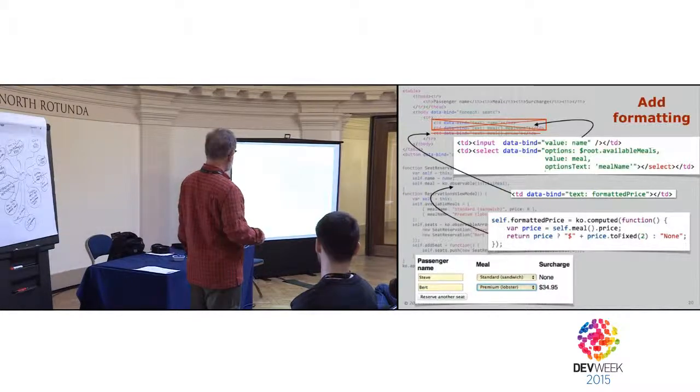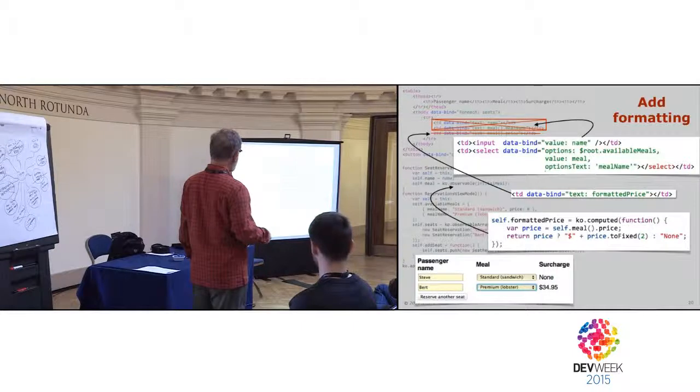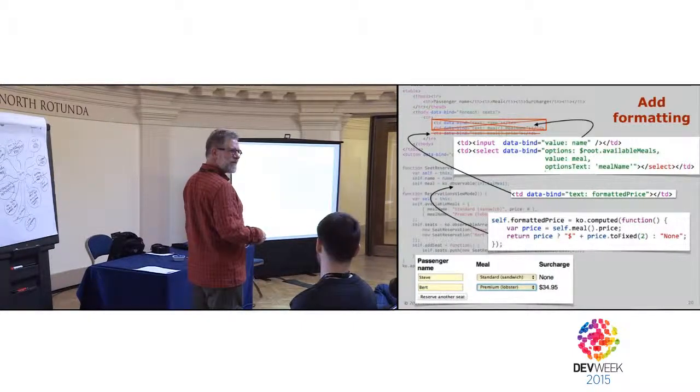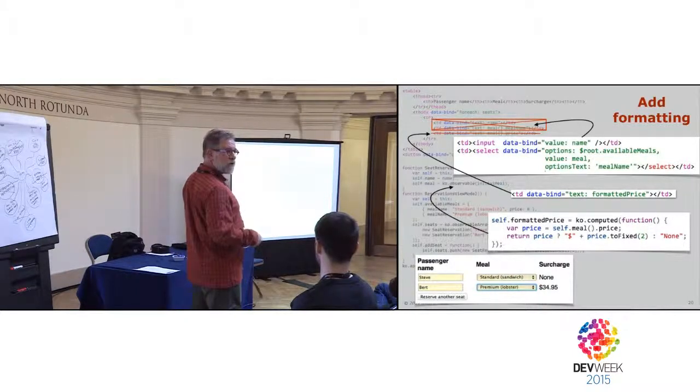And it has an initial value, and it has the text of, this is the options list. Notice that the options list is being pulled out of the available meals array, which is down here someplace. It's kind of hidden. There it is. Okay, so everyone's seeing how this binding is working.